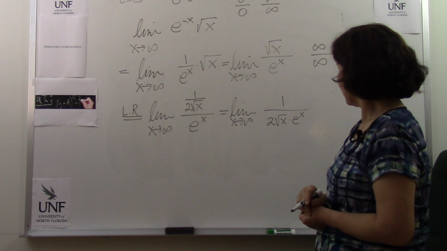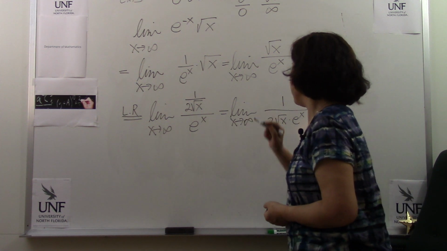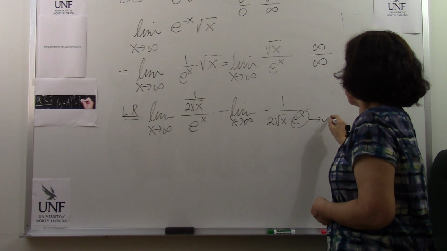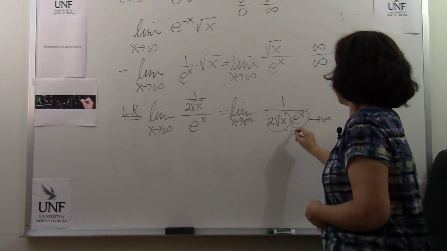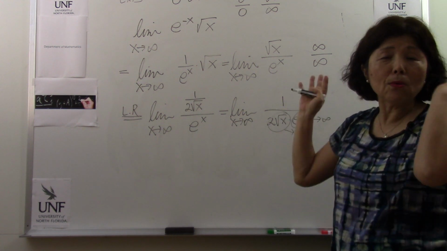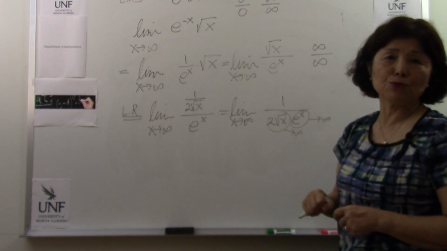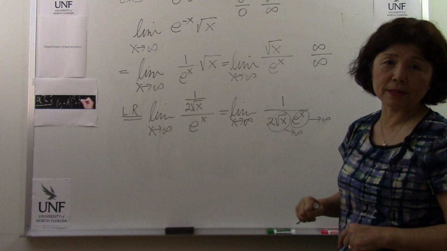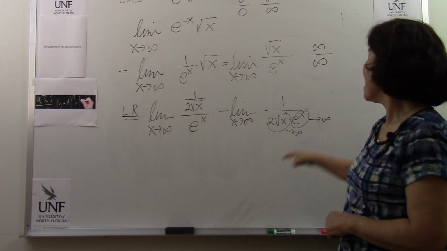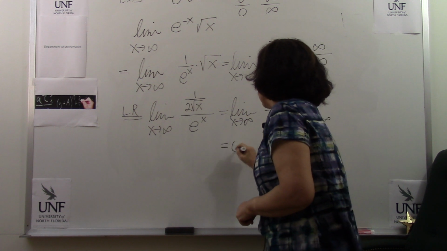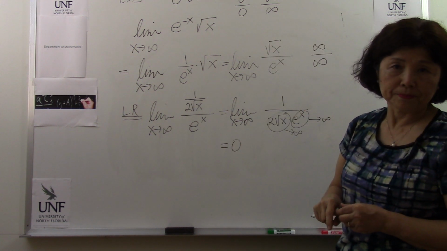Isn't that true? Now we reevaluate the situation. This one will go to infinity and this one will also go to infinity. This time all the infinities are in the denominator and the numerator is just 1. It's a very helpless kind of situation. Okay? The denominator is absolutely dominating, so the result is 0.